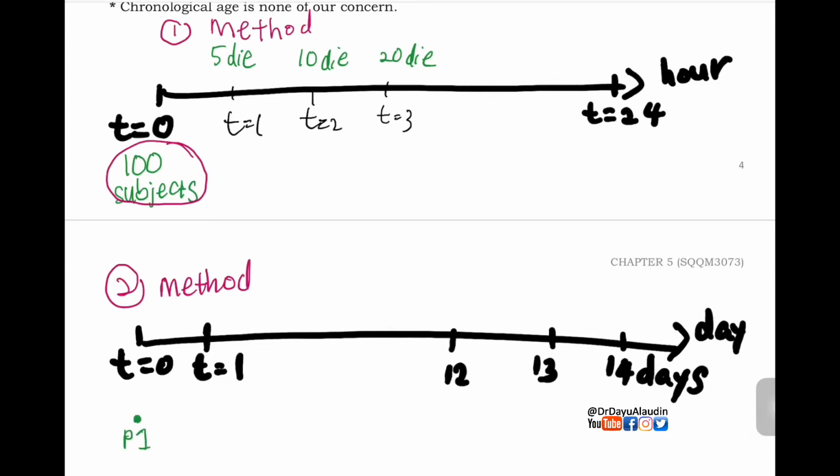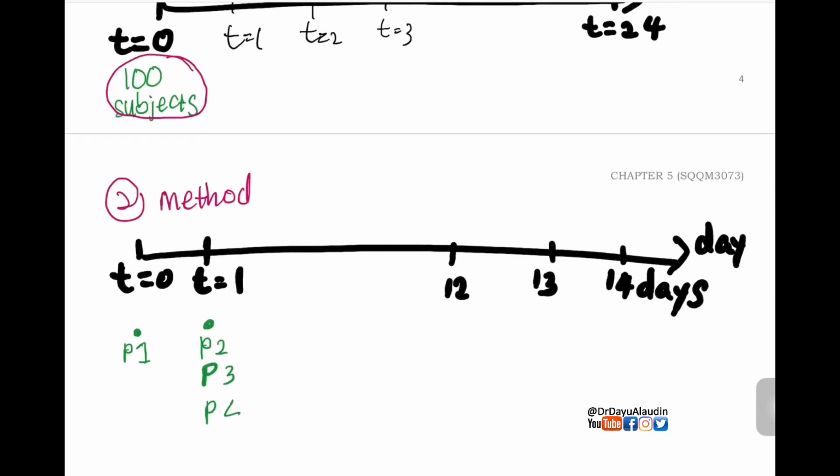Then at t equal to 1, day 1, 3 people come, go through diagnosis, and are found to have coronavirus.